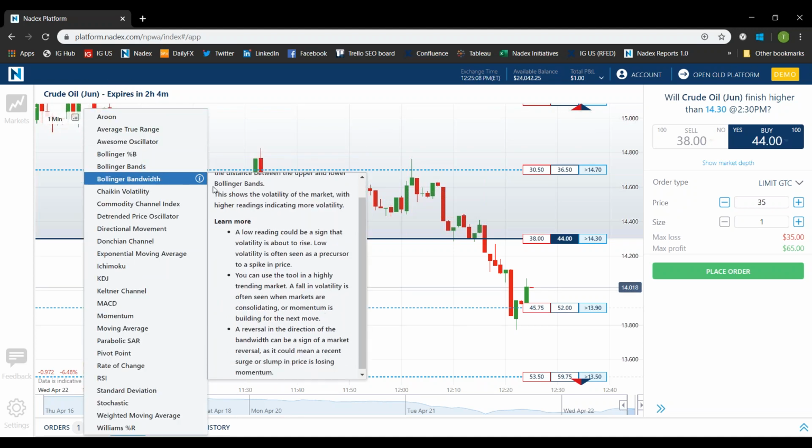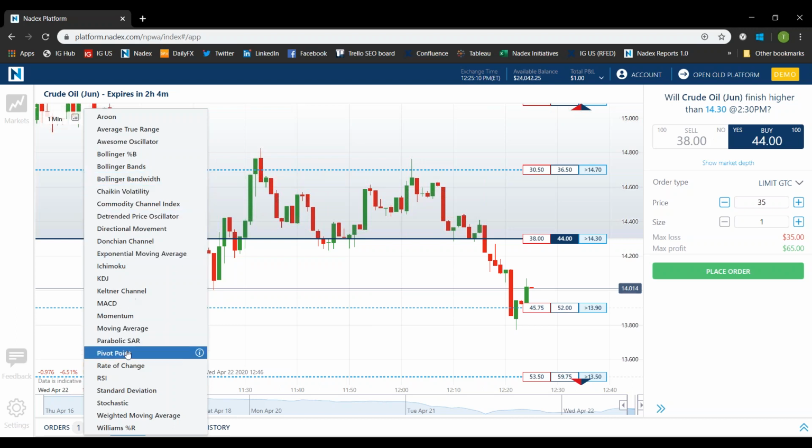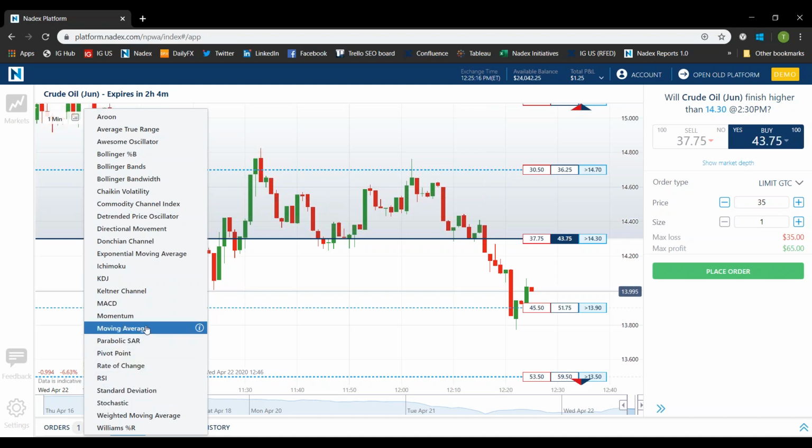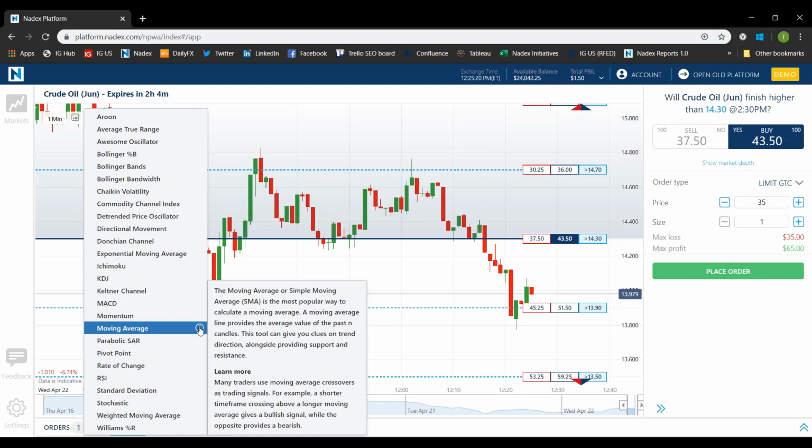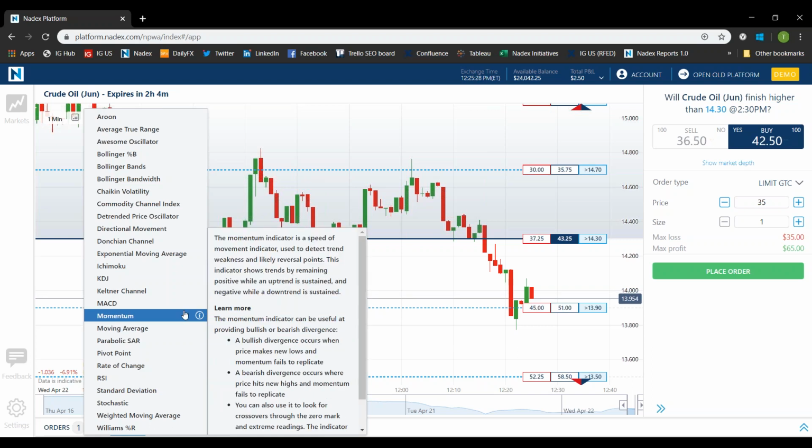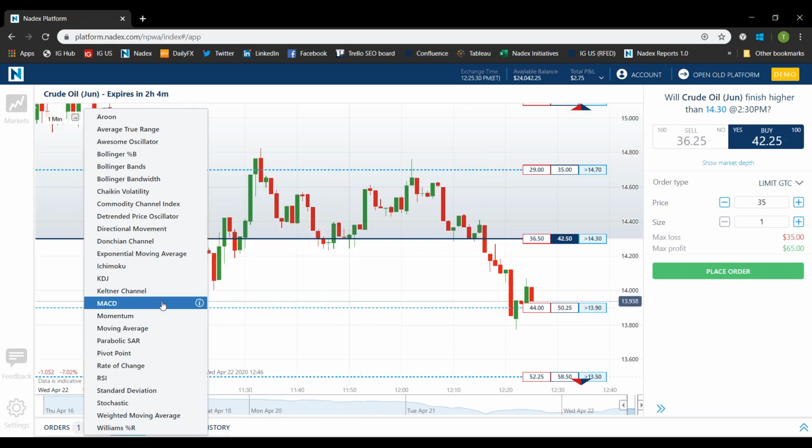We've got a variety of technical indicators that are pre-built into our platform. If you are unfamiliar with what any of these are, notice that we have a little I for information button that will actually give you some education around what these are. A lot of people like to use moving averages or moving average convergence divergence.